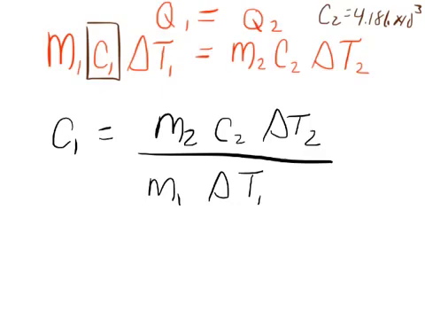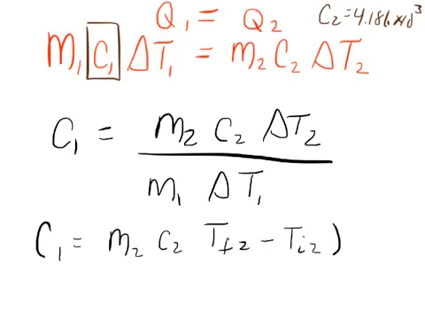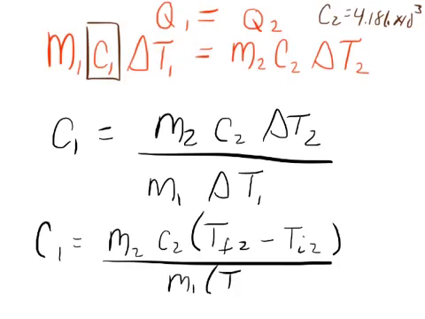And now please notice that delta T's are different. Delta means change. So this C1 is really M2, C2 times final minus initial, over M1 times final minus initial.